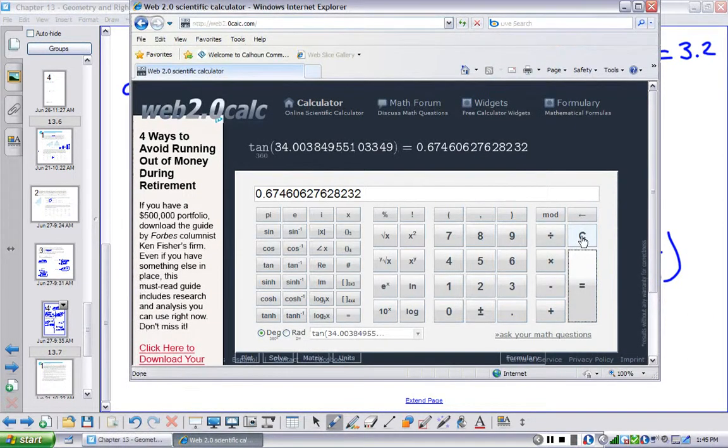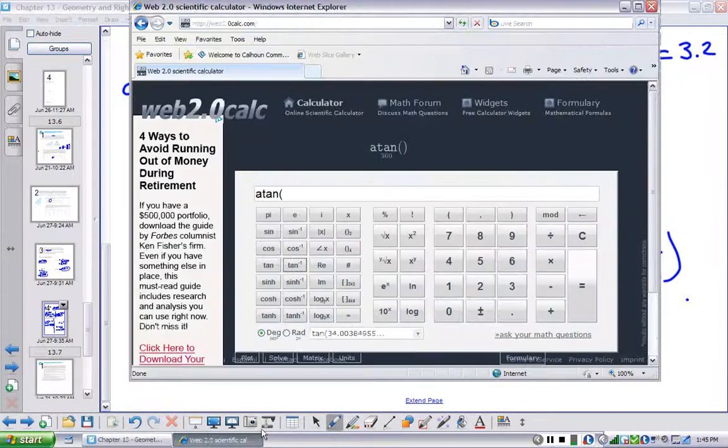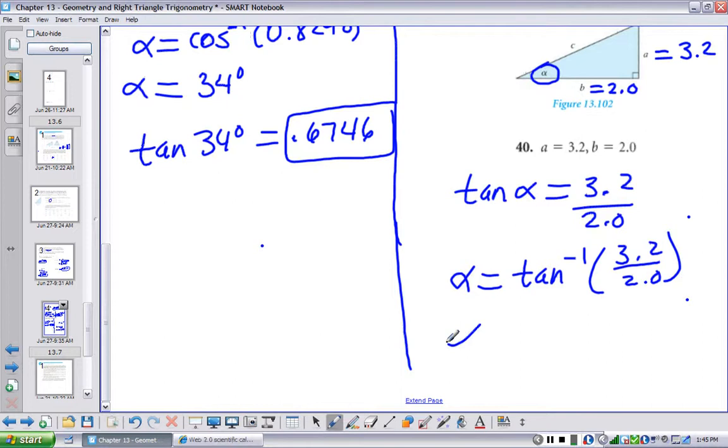Inverse tangent of 3.2 divided by 2.0. And with that, if we round to the nearest degree, we get 58 degrees. Alpha is 58 degrees. Okay, so this was just a little lesson in showing you how to use your calculator in finding these measurements with the different trigonometric functions.